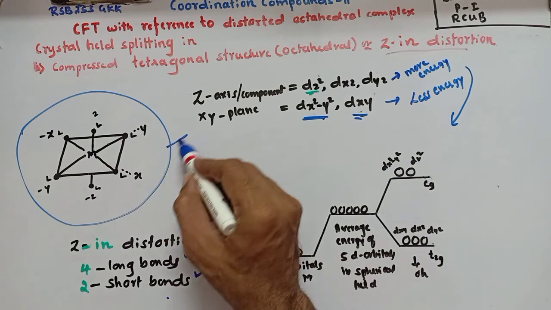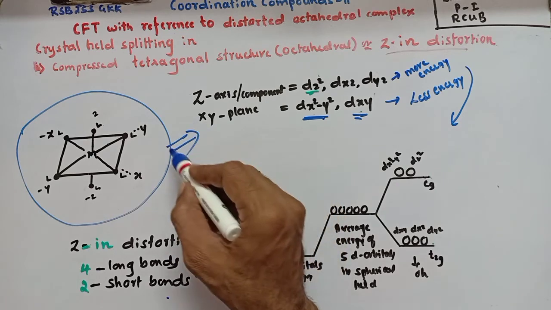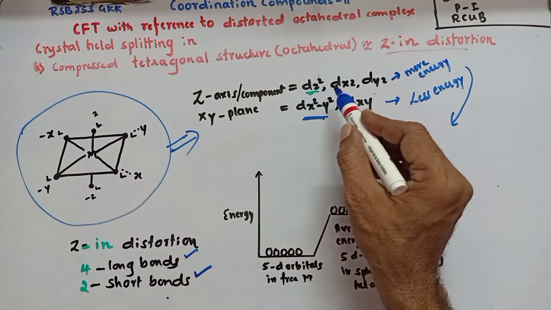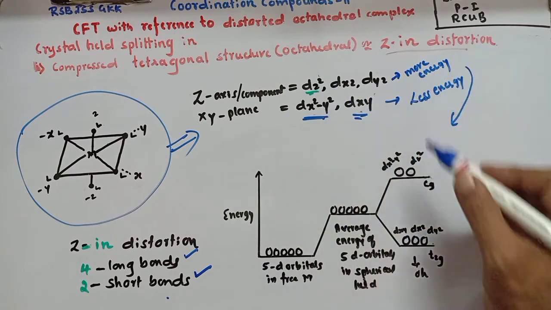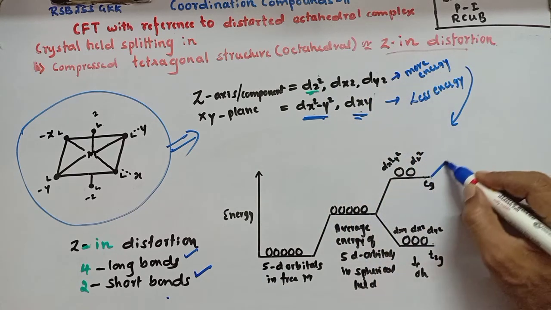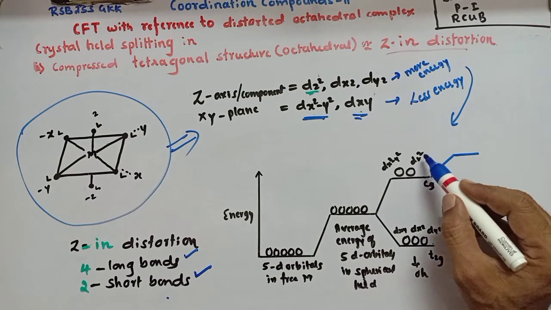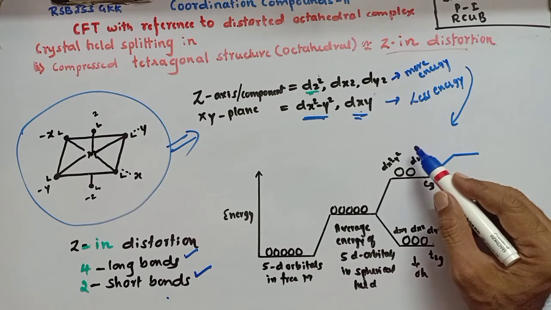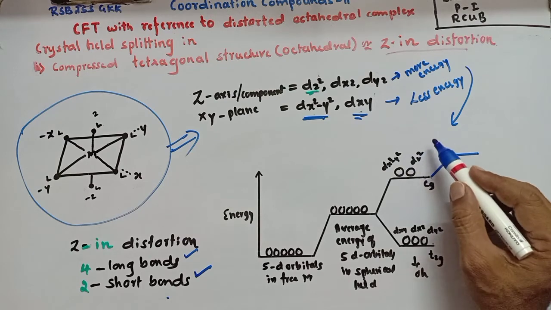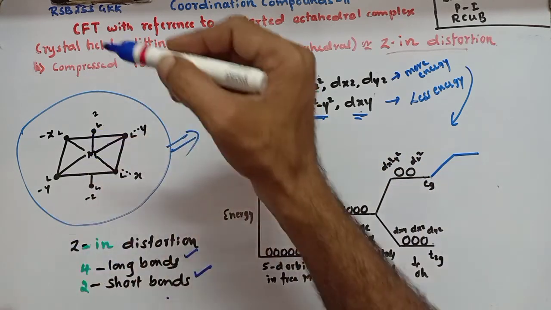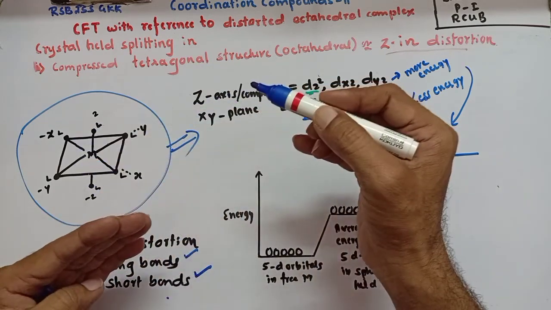Now from the structure and the discussion, it is very clear that the Z-axis component orbitals will have more energy. So we have to show it like this. Which one is having more energy here? The dz square orbital will have more energy because it is nearer to the central metal ion, more repulsion will take place, more energy.